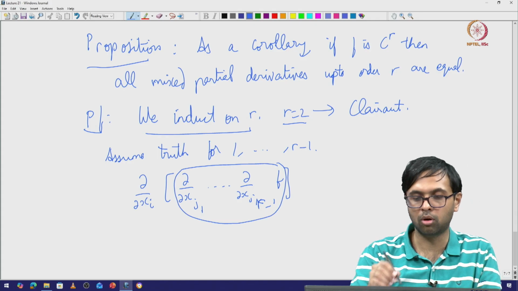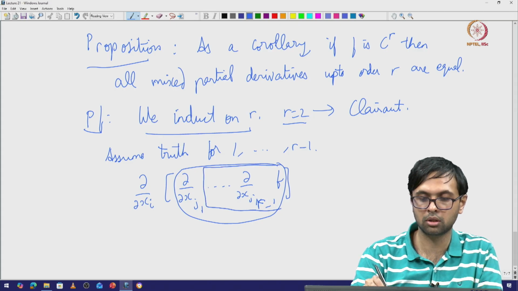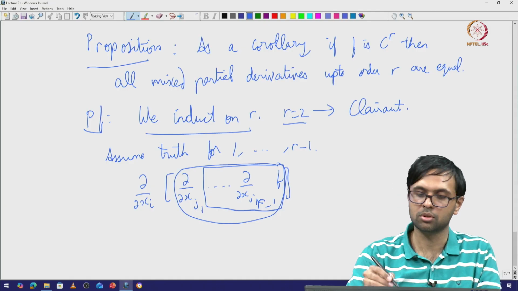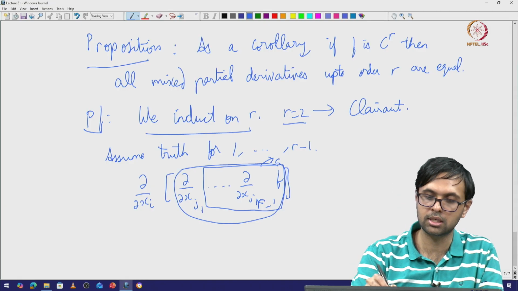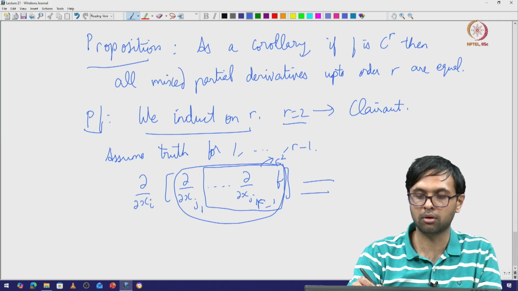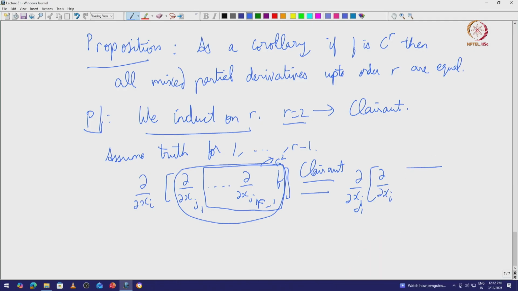In fact, it's a bit more. If you take any order r minus 2 partial, it is C2. So we can happily apply Clairaut's theorem, that is the base case of the induction hypothesis, to conclude that this is actually equal to this times the rest.